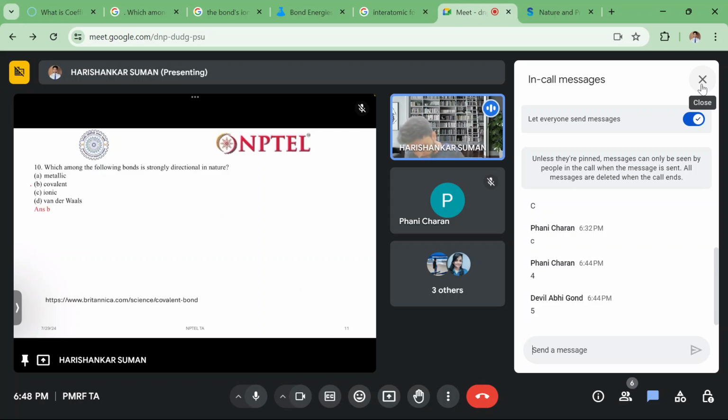B is the answer, covalent. Covalent bonds are directional because atoms are bonded covalently and have a specific orientation in space relative to one another. That's why solids with covalent bonds have a defined shape. So please also read about covalent, metallic, ionic, and van der Waals bonds, and hydrogen bonds also.